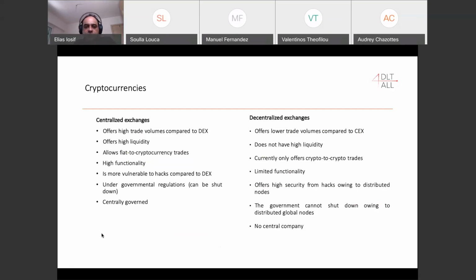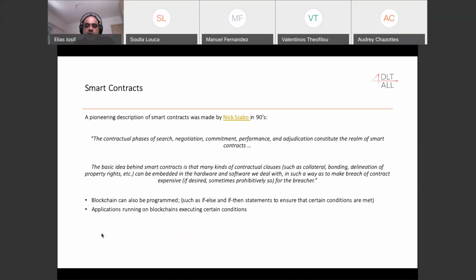If not, I would like to go directly to smart contracts, which constitute the technology that makes possible the creation of, first of all, cryptocurrencies, and on top of cryptocurrencies, more complicated applications based on the use of smart contracts for building other types of services.